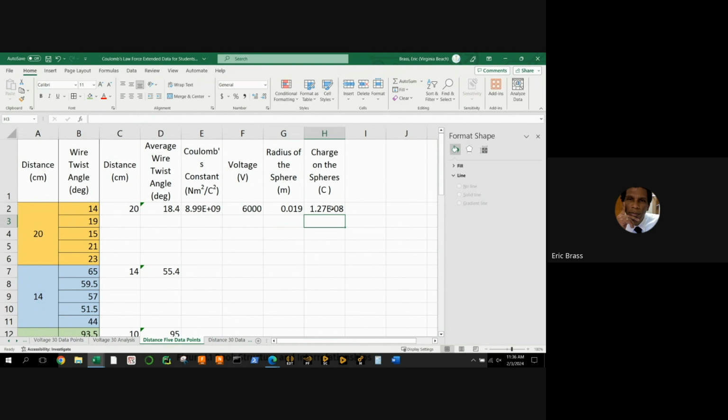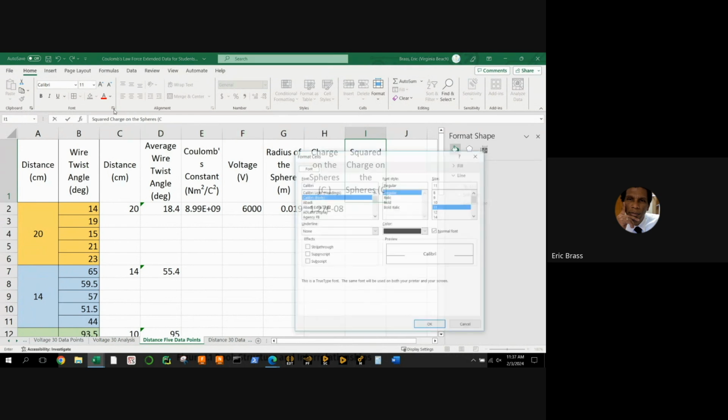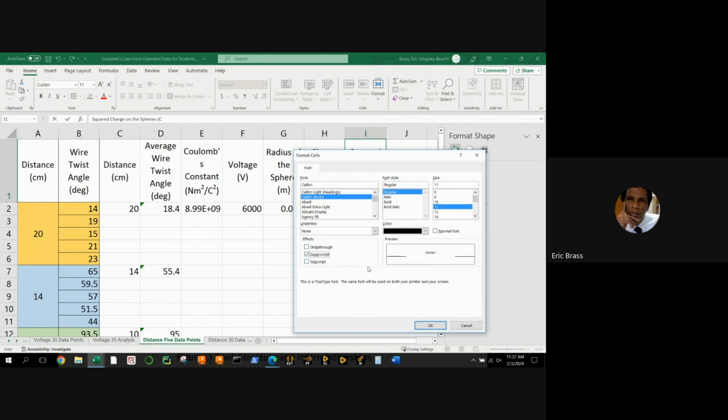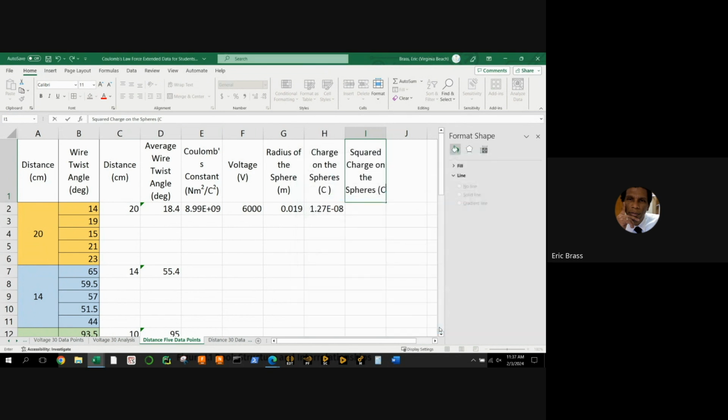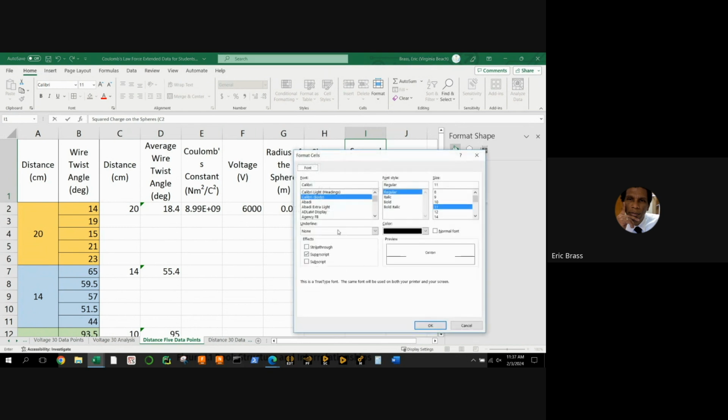So we have the charge on the spheres, and we need to square that. C superscript squared.